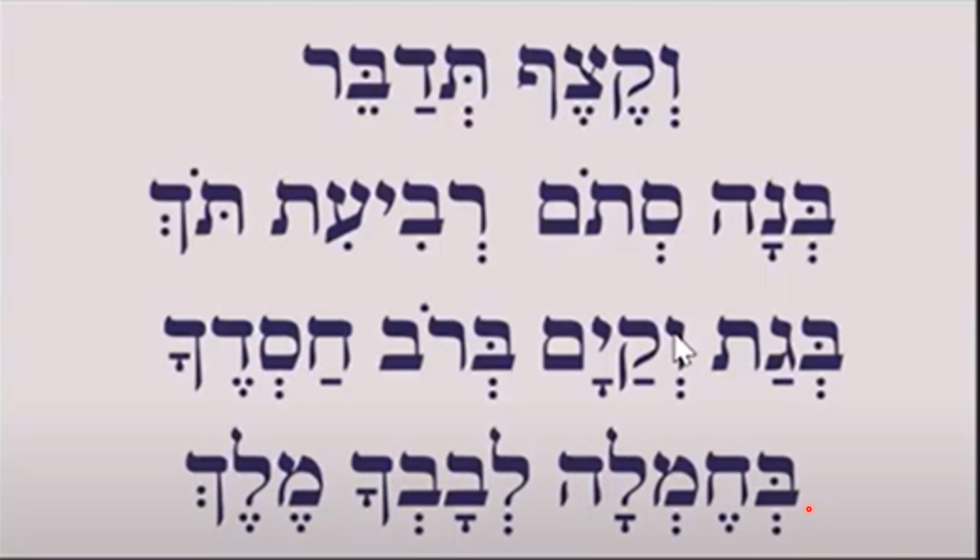And last line, bechem, actually. So this is a little more. We haven't really learned what happens with the vowel here, the shava here. But at any rate, this one would be silent.